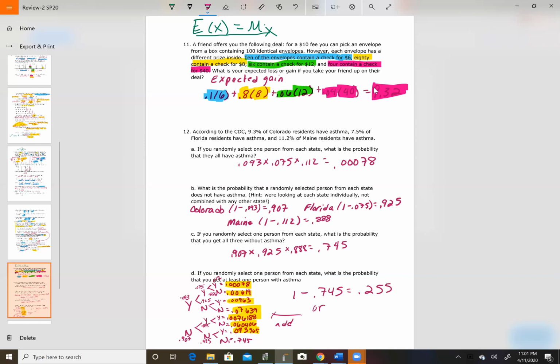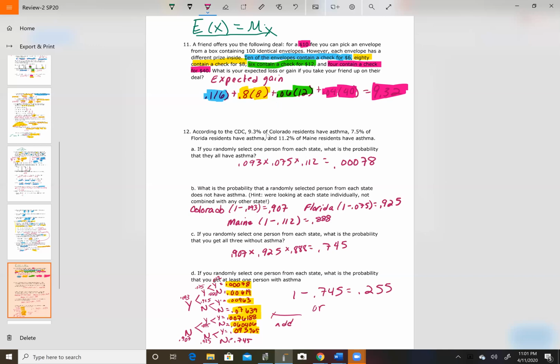However, you actually would have lost a few cents in the long run because you had to pay $10 to play the game. So you've actually lost money, but your expected gain from just playing the game was $9.32.